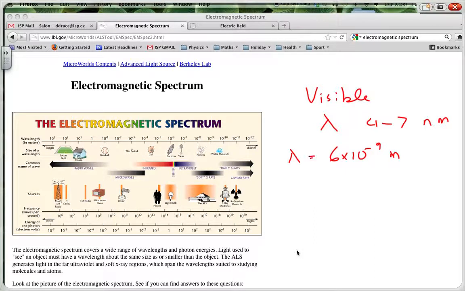Now you can work out the frequency of that wave easily, because you've got c equal to frequency times wavelength. So you're going to have your wavelength equal to 6 times 10 to the negative 9, and c equal to 3 times 10 to the 8. So your frequency will equal what?